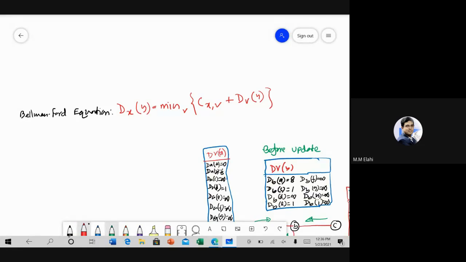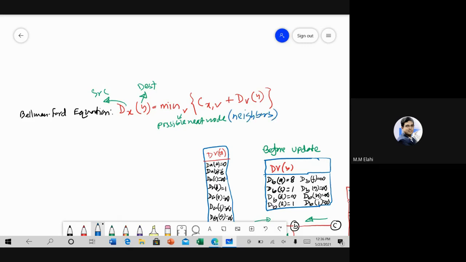You need to understand the logic first. This x is the source, this y is the destination, and this v is the possible next node. We call this possible next node, but basically these are neighbors, right?